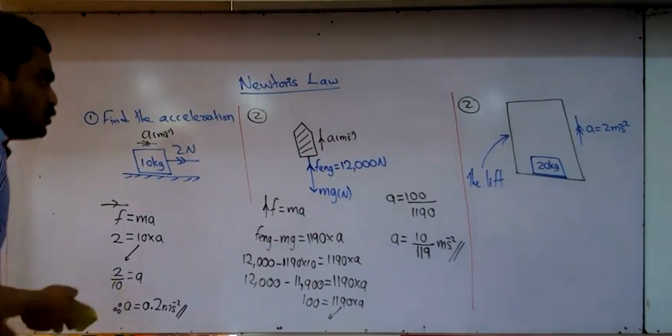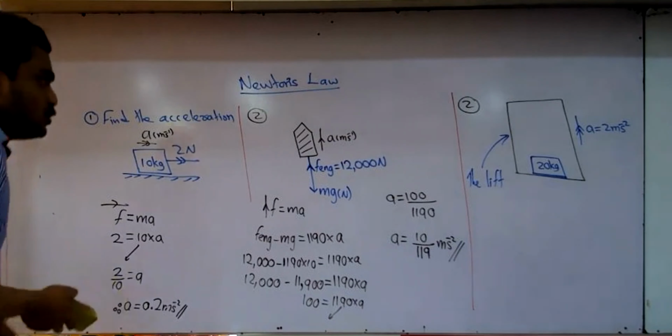Okay, then how do you find the normal reaction force here? We should apply F equals ma only to the box. Vertically upward, I can apply F equals ma. Upward force is the normal reaction force. Downward force is the gravitation attraction force.